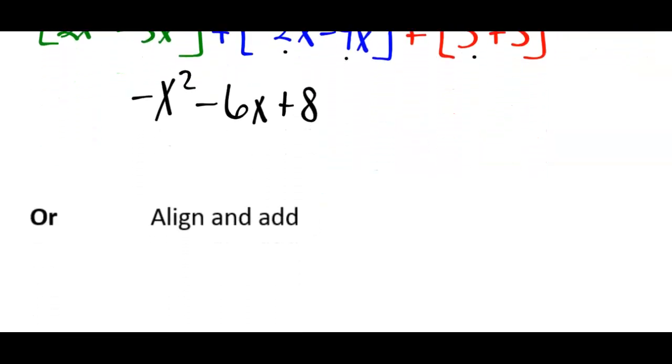If I was doing a line and add, I would then write those again, and I would make sure that I write them in order. So 2x squared minus 2x plus 3.